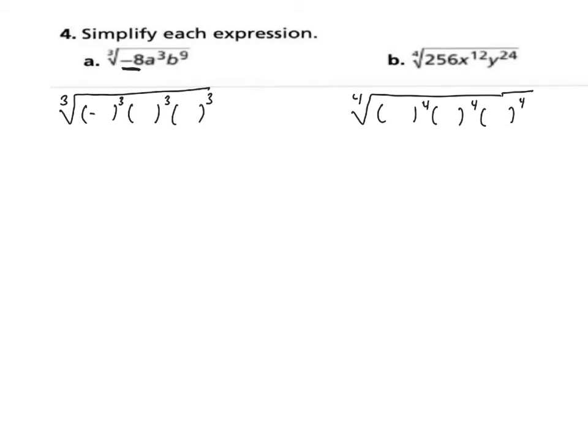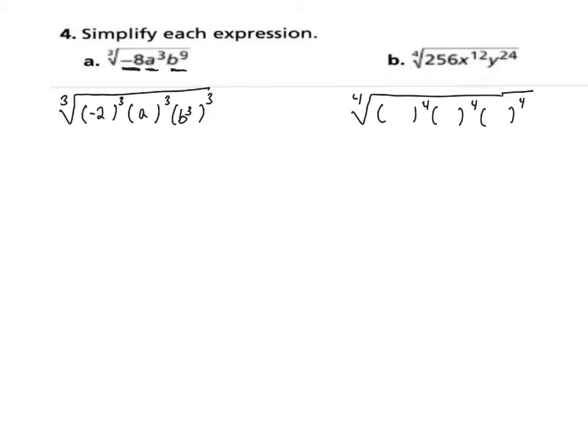Right, so that means -2 cubed gives us -8. What cubed gives us a cubed, right? Just a, right? A cubed gives us a cubed. And then what cubed gives us b to the 9th power? Well, that's b to the 3rd power.